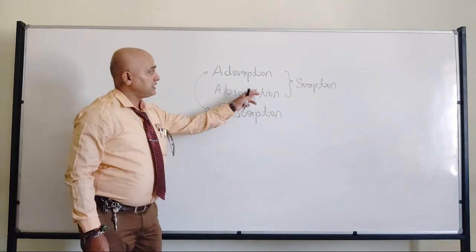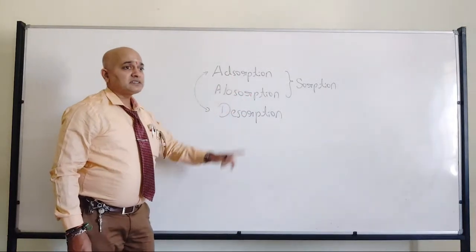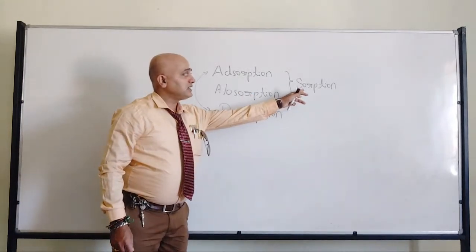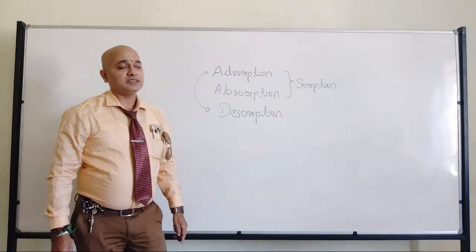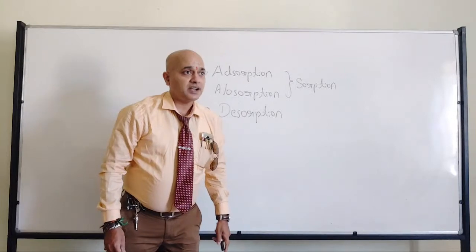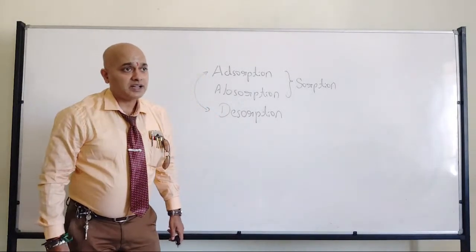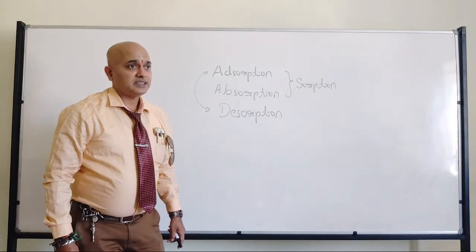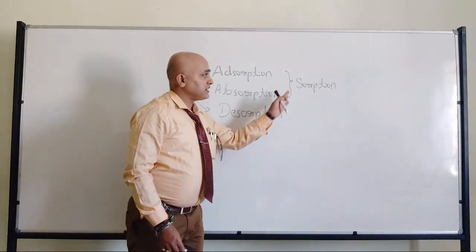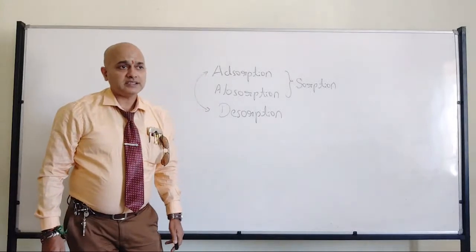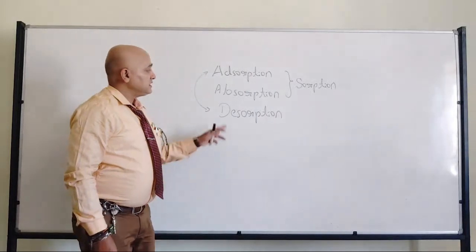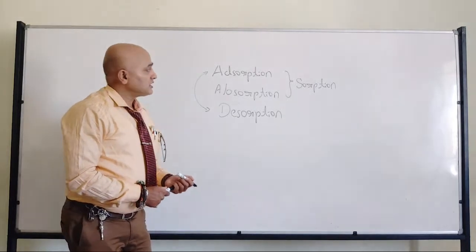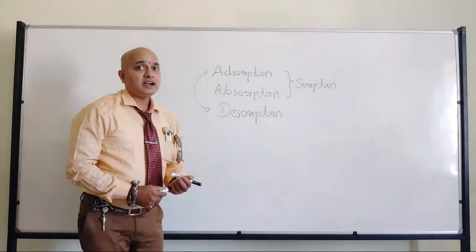Adsorption is only surface interaction, and together it is called sorption. That is, sorption is a physical or chemical interaction, an attachment, between two components, right? Then we have discussed desorption, which is opposite to adsorption.